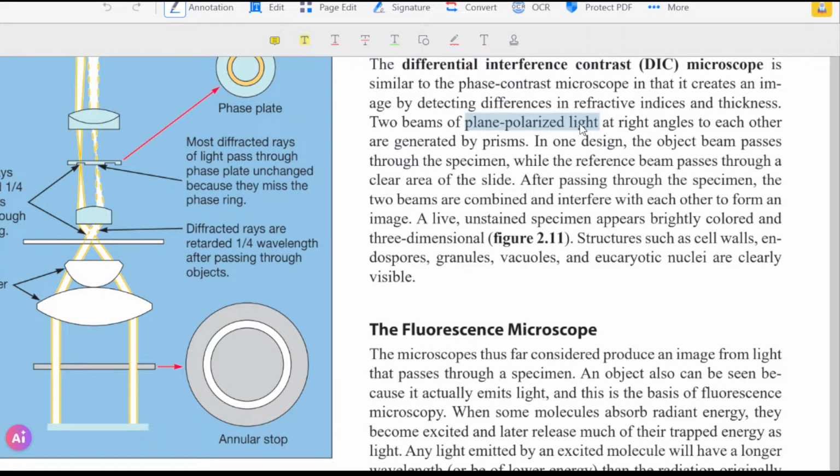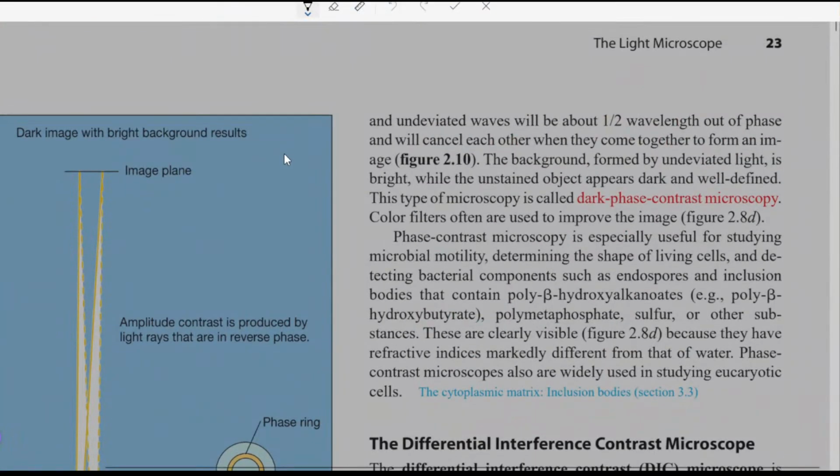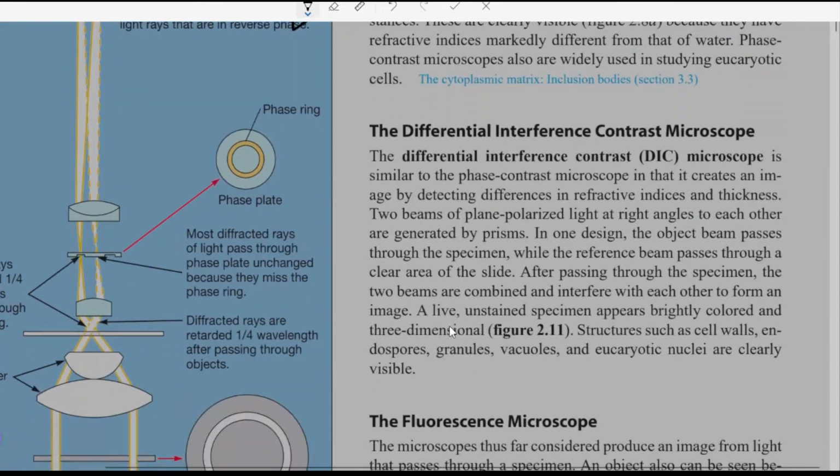Is it blue or green or red, whatever? And they are saying we have two beams of them and they are at right angles to each other. One beam of light, another beam of light, at right angles to each other.